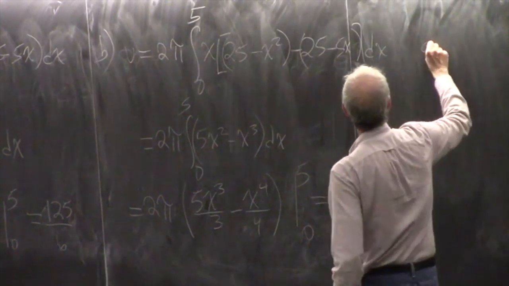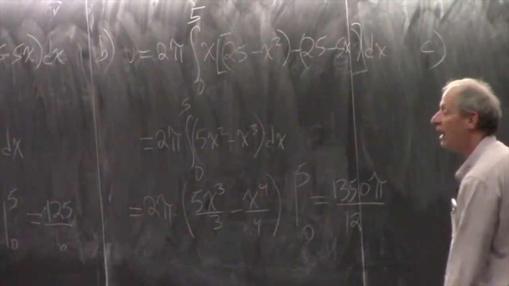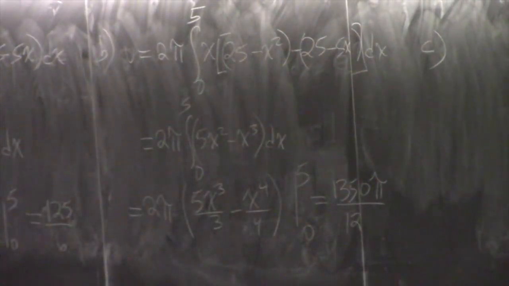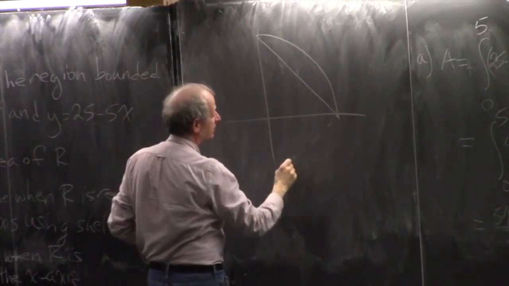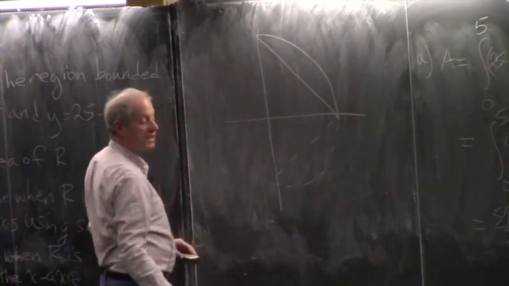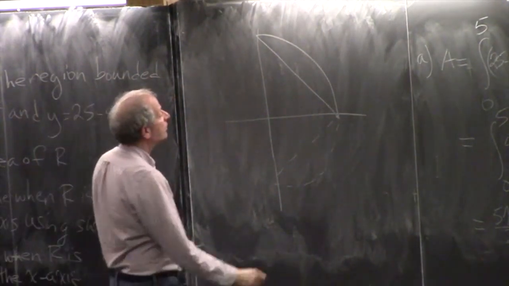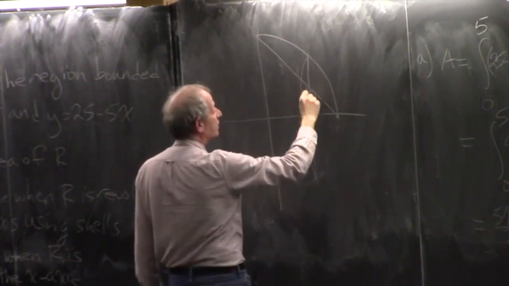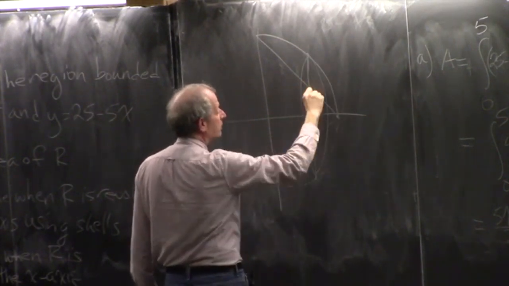Alright, C. Now, I want to do around the x-axis. So to redraw this picture for a second. Now, if I were going around the x-axis, I'm not going to get the same answer. So now, if I slice this way, I will get a washer.